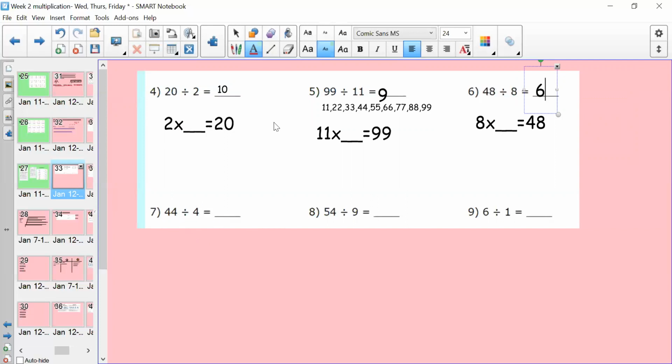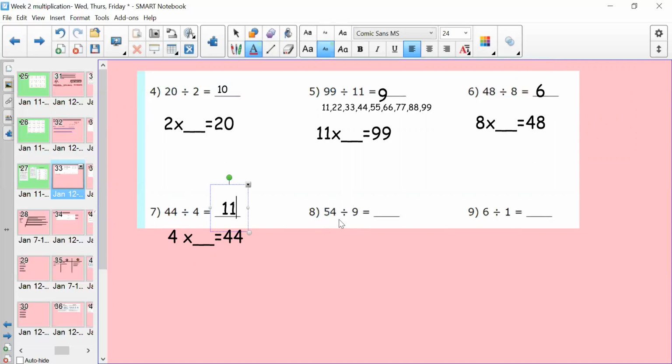Often when our number is 44 or 99, we know that it's linked to the 11 times table. And these are all facts that you will learn the more you practice division and multiplication. So your multiplication sum, if you're using the inverse, would be 4 times what equals 44. And then the answer would be 11.